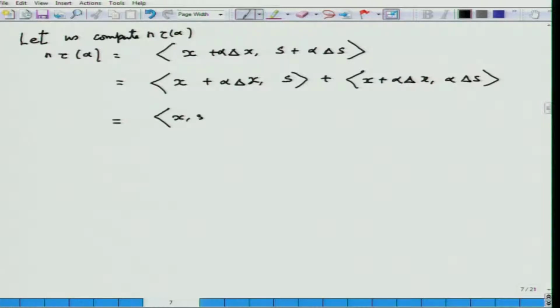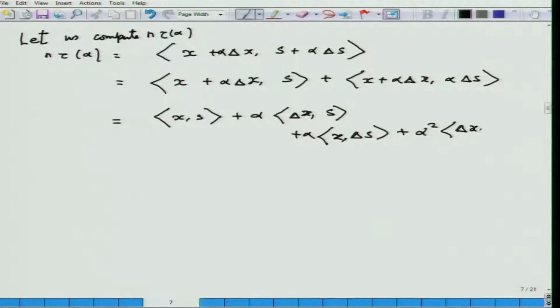So, I have x of s plus alpha times delta x into s, by just using the properties of inner products, plus x alpha into x delta s plus alpha squared times delta x delta s.